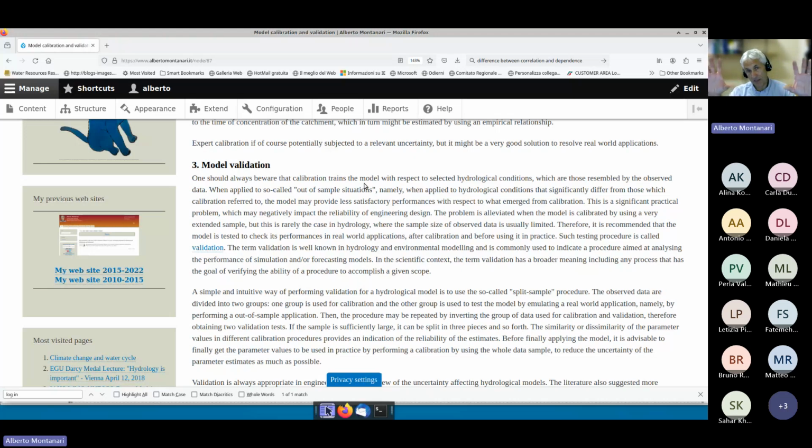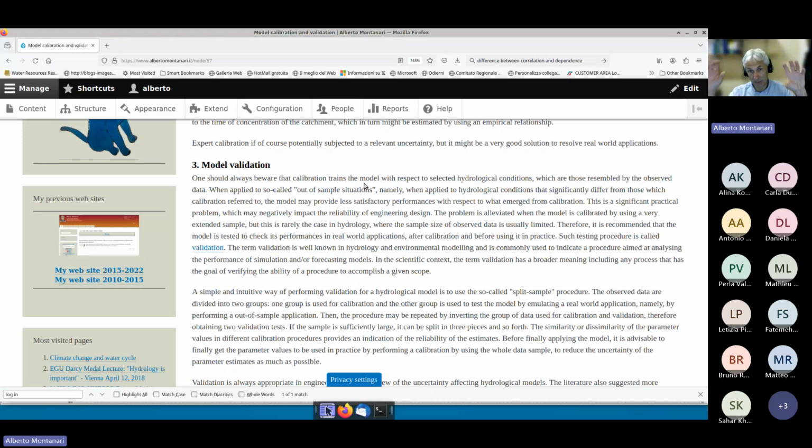When you go to application, the model is run in a different situation. It's not the same situation that was used in calibration. So what you expect is that the model is not trained for that different situation. The model has been trained on a set as large as possible of known situations.